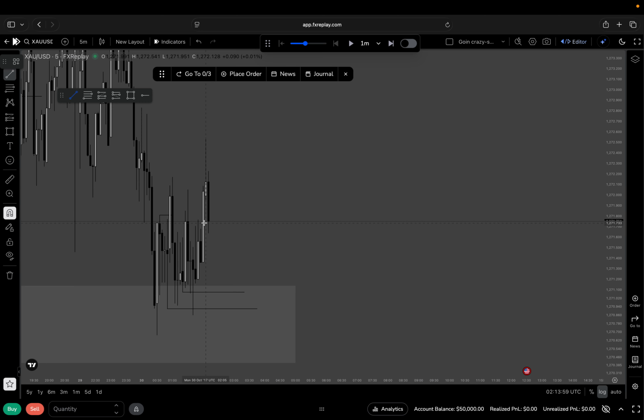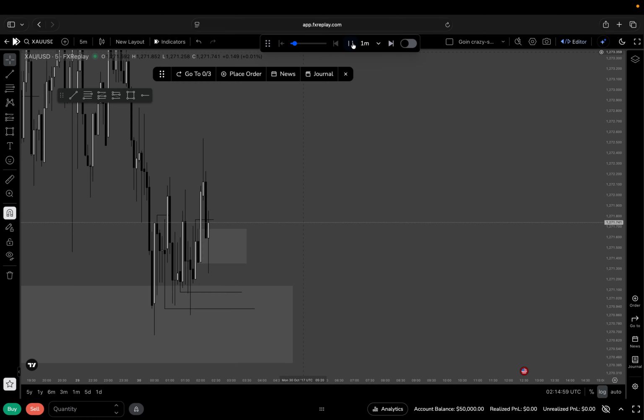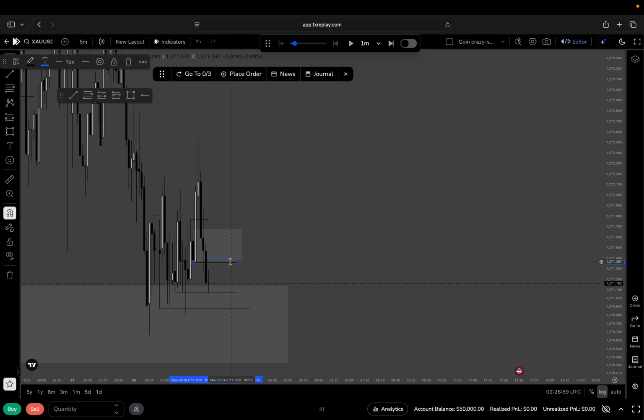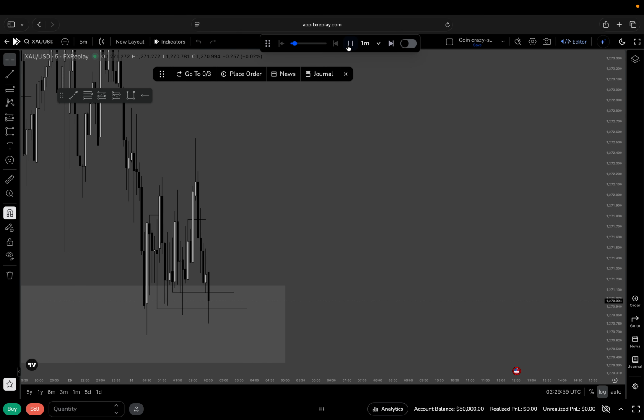This will be our last break, this internal one here. Again, more confirmation. Get a sweep of these lows. Okay, don't end up holding that structure. That's fine. Sweep of these lows once again.